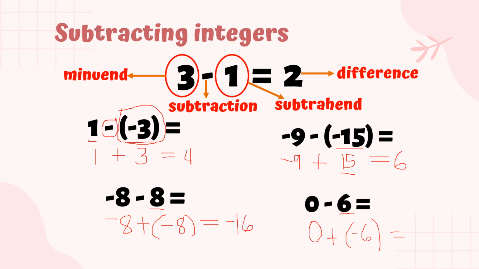So, kung ano po ang i-add natin sa 0, ang result po is yung in-add natin. So, since negative 6, we add negative 6 to 0, so ang magiging result po is negative 6 pa rin. And of course, if we apply the rule, if they have different signs, simply subtract the 2, mas mataas po si 6, that's why the result is negative 6. So that's it. That is how we subtract integers.